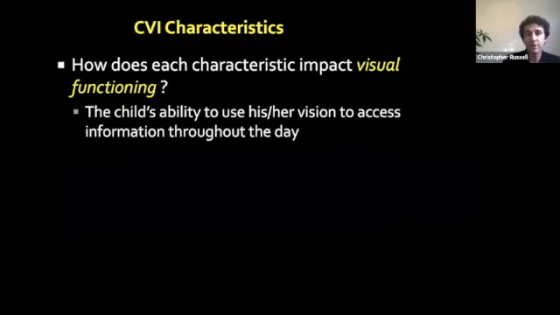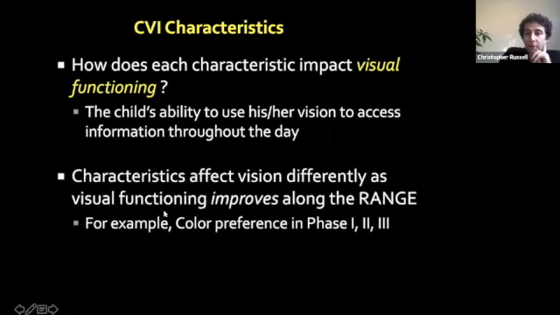Just like any other functional vision assessment, we're looking at visual functioning across activities, across environments, across times of day, and across days of the week. So as much observation as you can get about this is going to be helpful. The characteristics affect vision differently as visual functioning improves along the range, right? And that's because of this dorsal ventral stream issue.